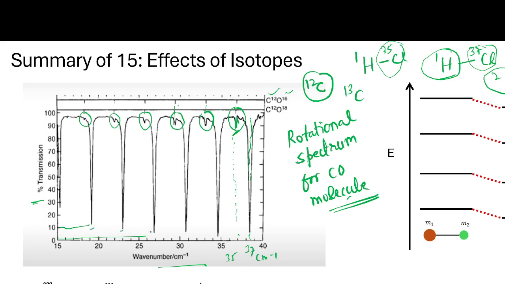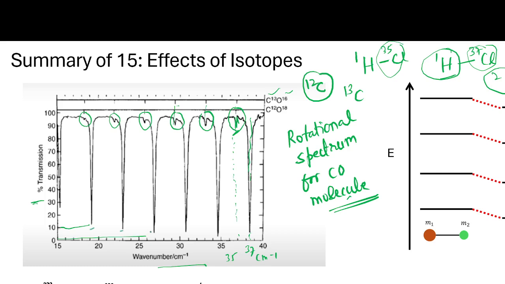So from the spectrum, before doing any mathematics, what we saw is that when we increase the mass of the isotope, for example changing carbon 12 to carbon 13, the spectrum shifts towards lower energy. This is the conclusion we draw from the spectrum.